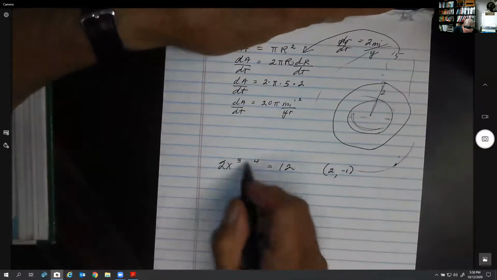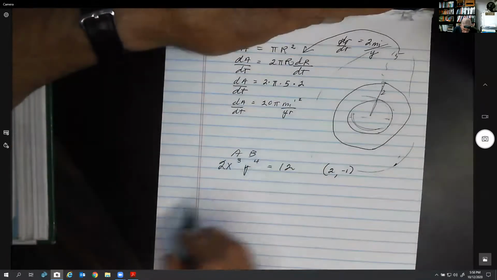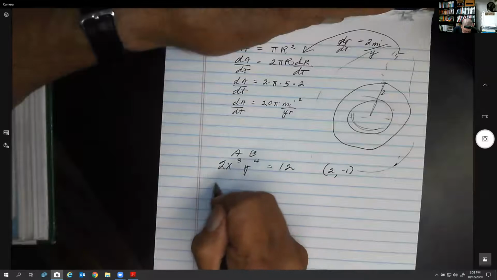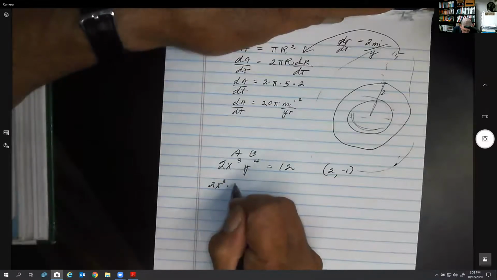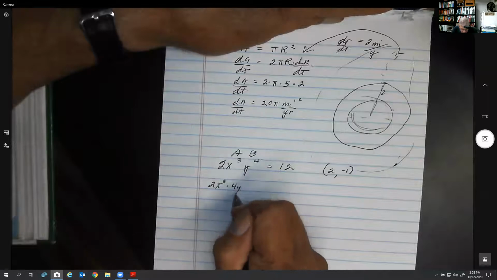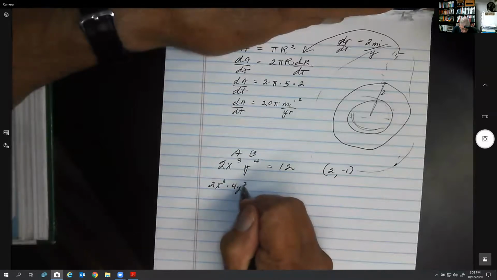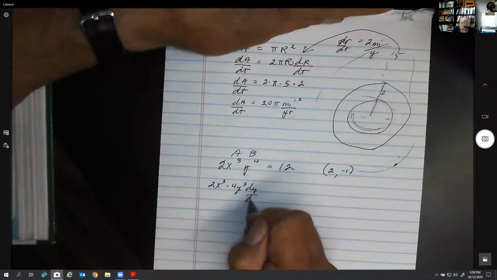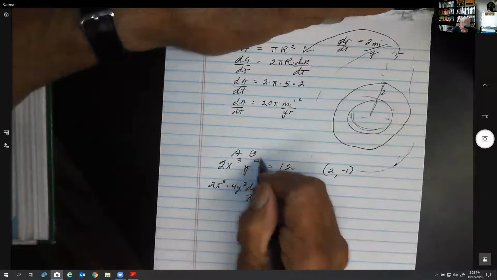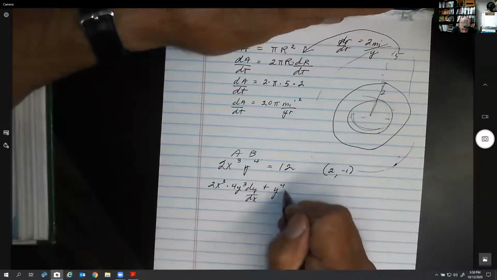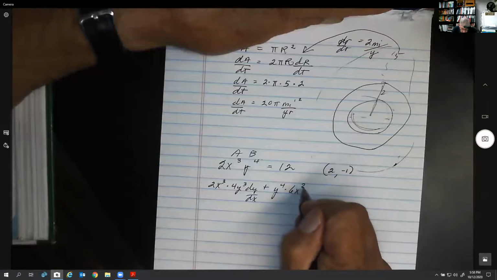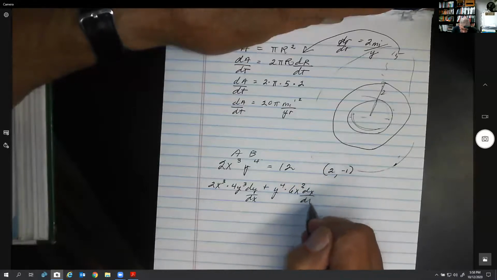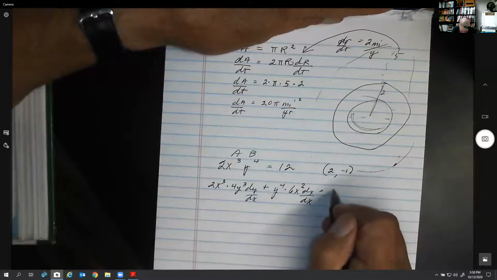Okay, so this is an ABBA, right? So it's going to be A, no change, times the derivative of B, which is 4y to the third power dy over dx, plus B times the derivative of A, 6x squared, times dx over dx equals 0.